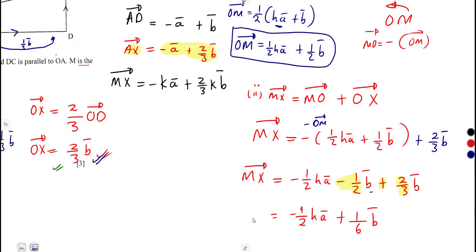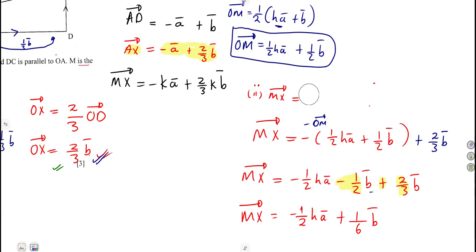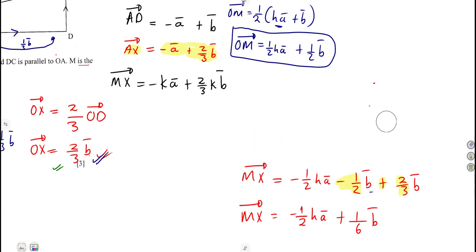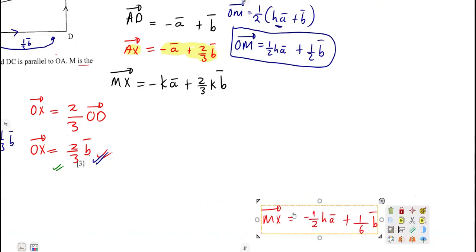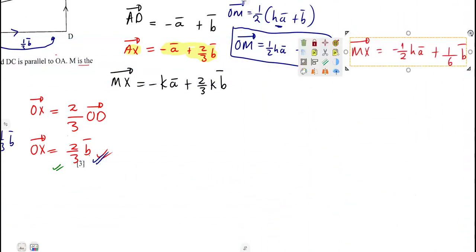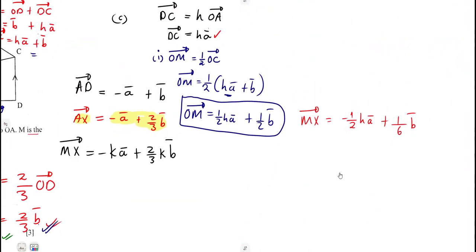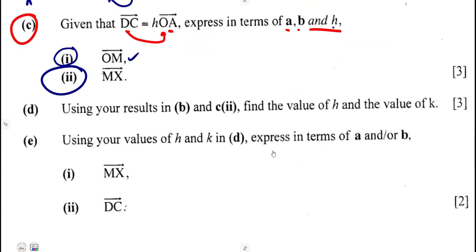Vector B. So that's our MX at the end of the day. All right, just like that. So you see, guys, it's just a matter of playing around with the information that you are given. So that's what you needed on this part.